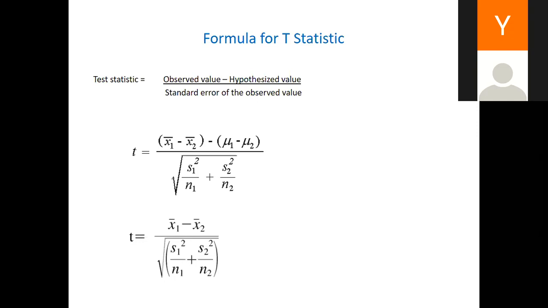In any statistical test, observed value, expected value. So observed value is what you get in your research with your sample. Expected value is what we expect it to be if actually there's no difference in the two groups. So forget about whatever the values of mu1 and mu2 may be.